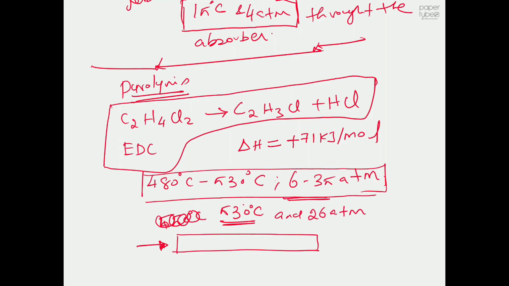So let's put 550 because that's what I found in the literature. But obviously, when we try to draw the flow sheet, we can change the process conditions and see how it affects the product purity or the percentage conversion. So let's put 550 degrees centigrade under 26 atmospheres.